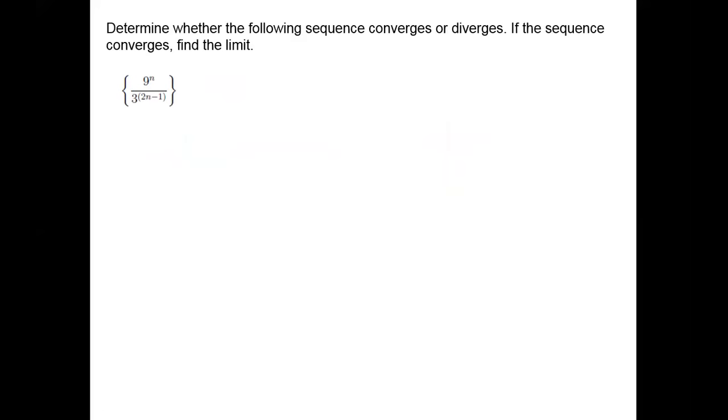Okay, another one, a little bit of exponential form. 9 to the power of n over 3 to the power of 2n minus 1. Let's check the limit at infinity. We have 9 to the power of n, and then 3 to the power of 2n times 3 to the power of negative 1, because when we have multiplication, we add exponents, and adding a negative number is subtraction. Let's simplify first. Looking at it, 9 to the n, an exponential function at infinity, is infinity, and 3 to the 2n is also infinity.